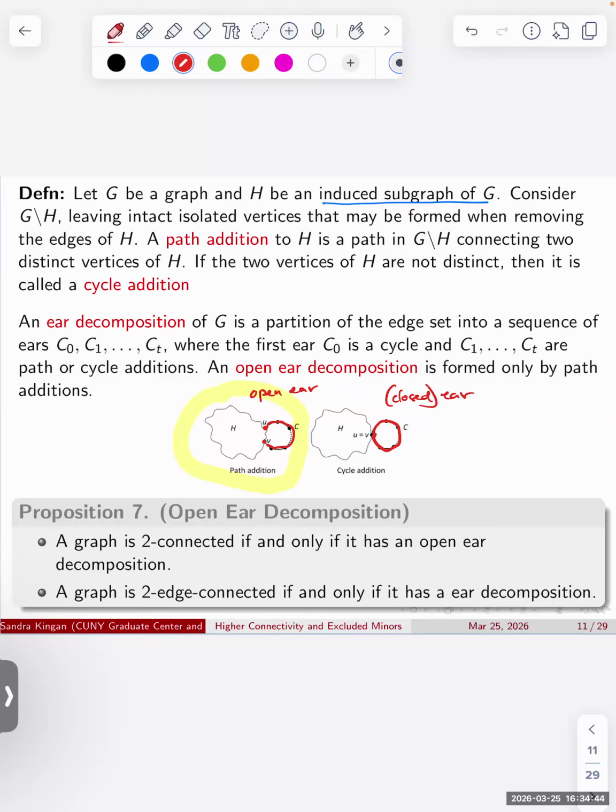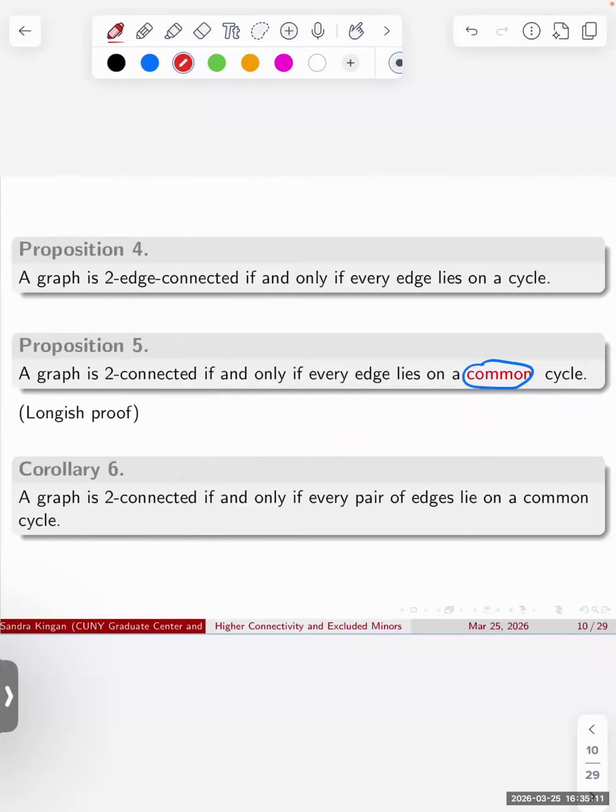So the two big theorems here, and actually the second bullet can be obtained from the first one: a graph is two-connected if and only if it has an open ear decomposition. And for two-edge-connected, you're permitted to have closed ears. So now this is yet another characterization of two-connected graphs. And that's what we have here, multiple characterizations of two-connected graphs.